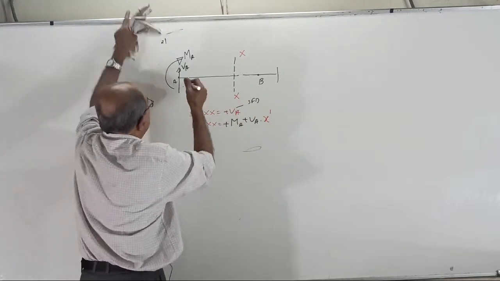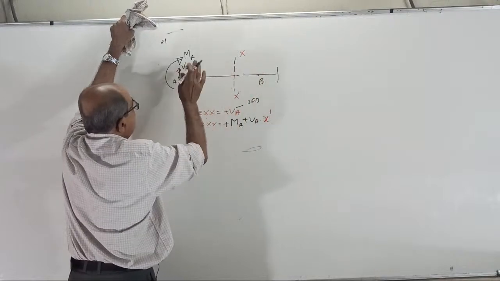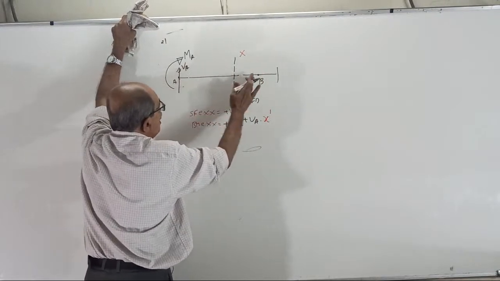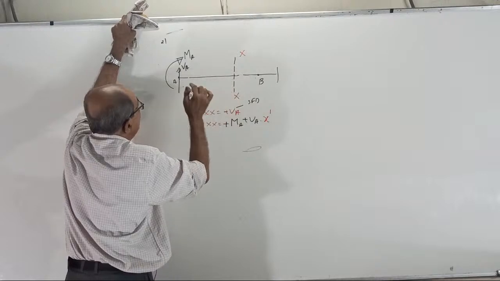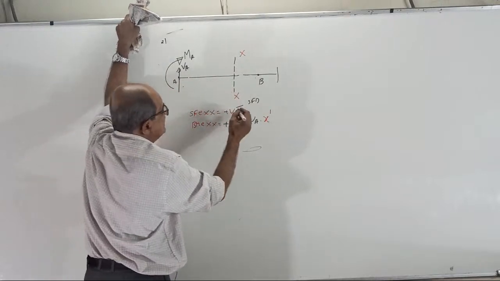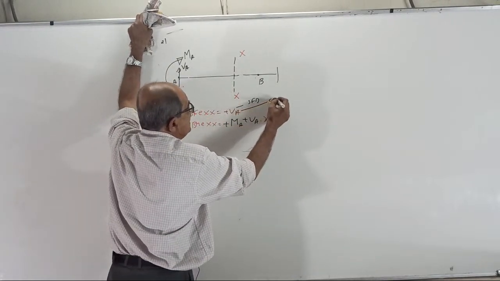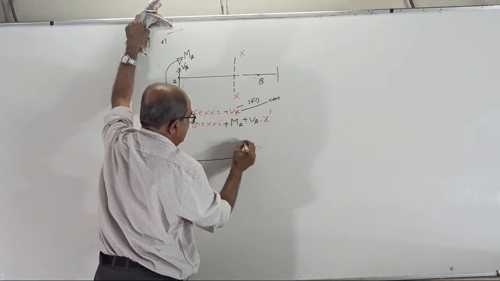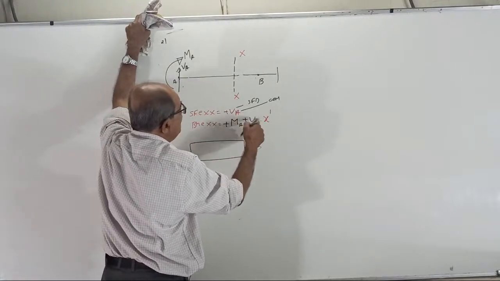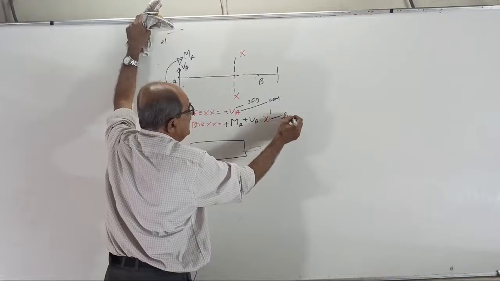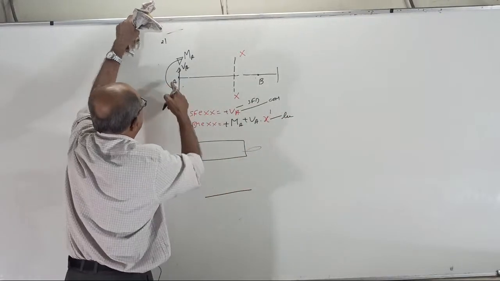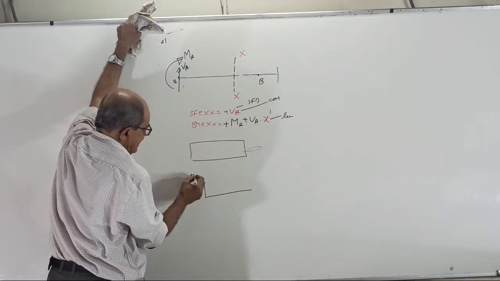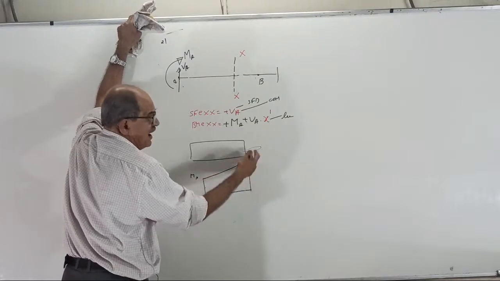So between two standard points, if there is no load, then if shear force exists, shear force is constant. It will be a rectangle. And BM variation is linear.